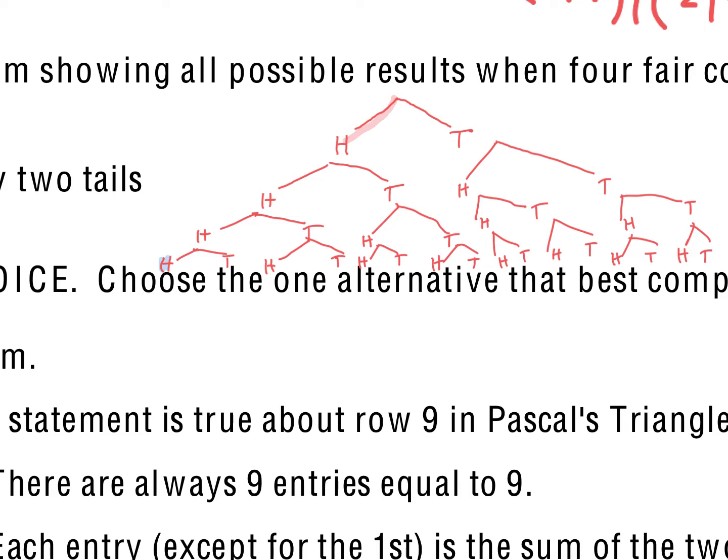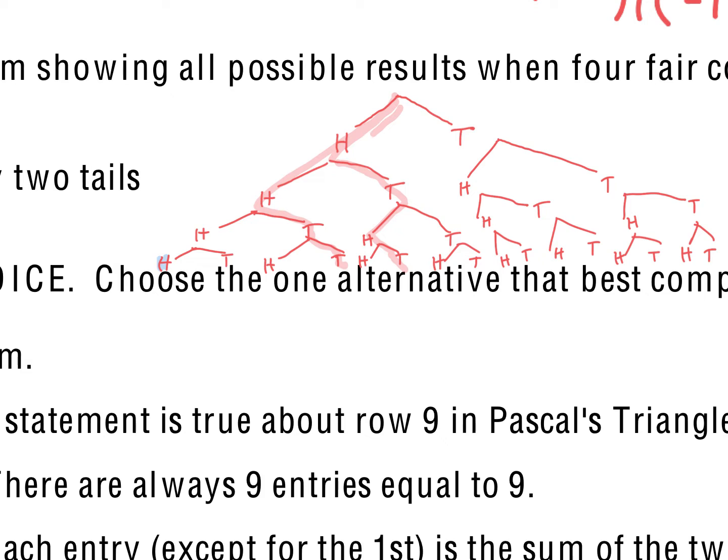So one path would be 2 heads followed by 2 tails. You could have a head, a tail, and then a second tail. You could have a head, tail, tail, head. There would be a third route. You could have a tail, head, head, tail.